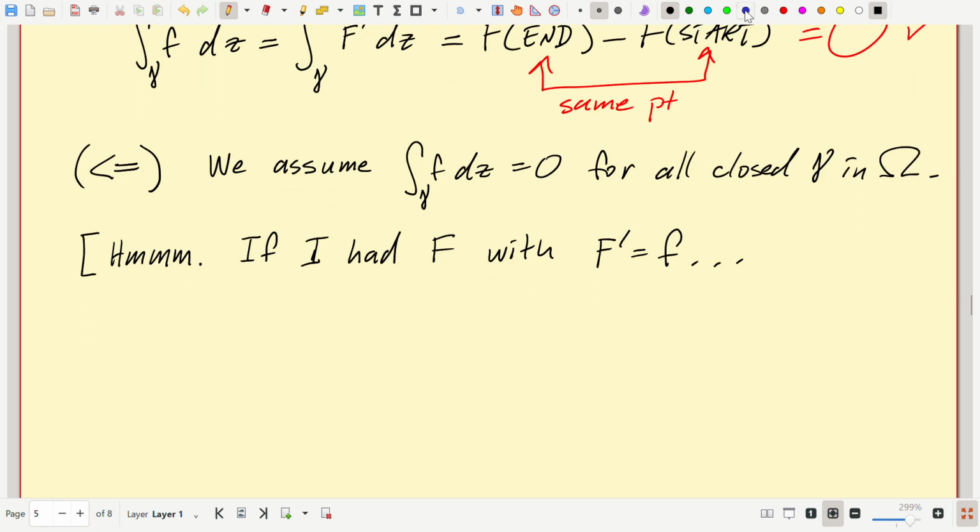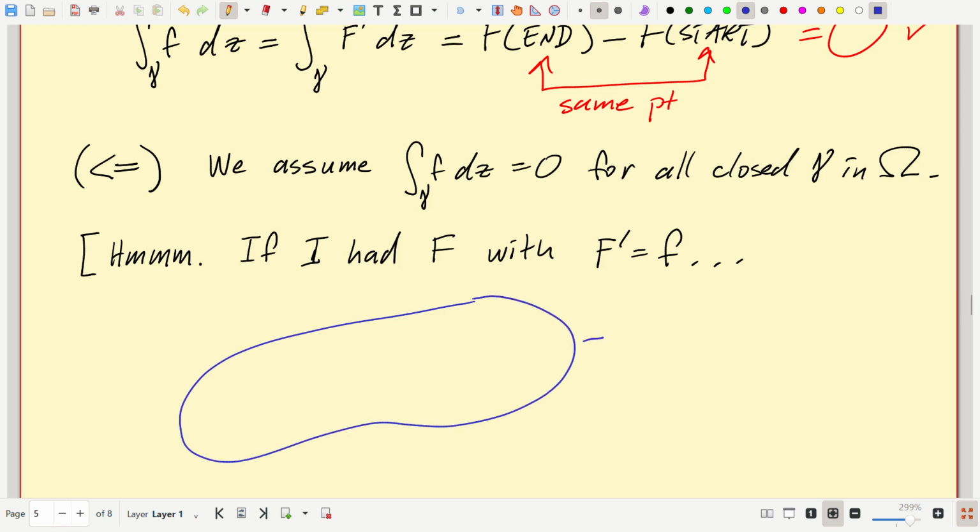Here's my omega. No mention of holes, so it could have a hole. I could take a curve that starts at A and goes to a point z. I'm thinking of A as being fixed, and maybe I'm going to let z slide around. And so I like to call this curve a gamma that starts at A and goes to z.